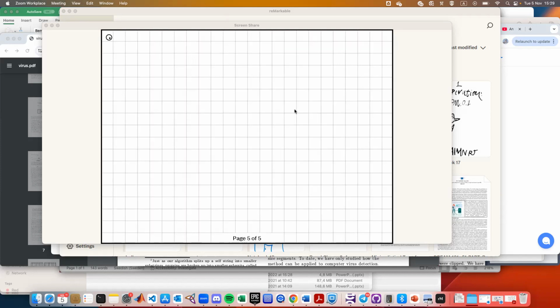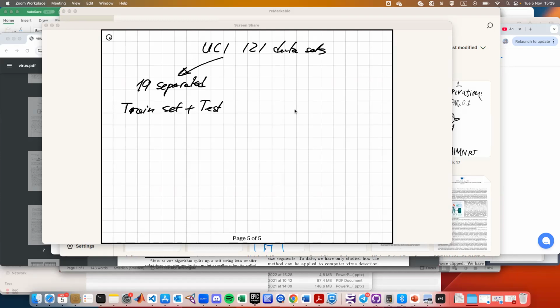So let me see. UCI 121 data sets. 19 separated. And 102 not separated.